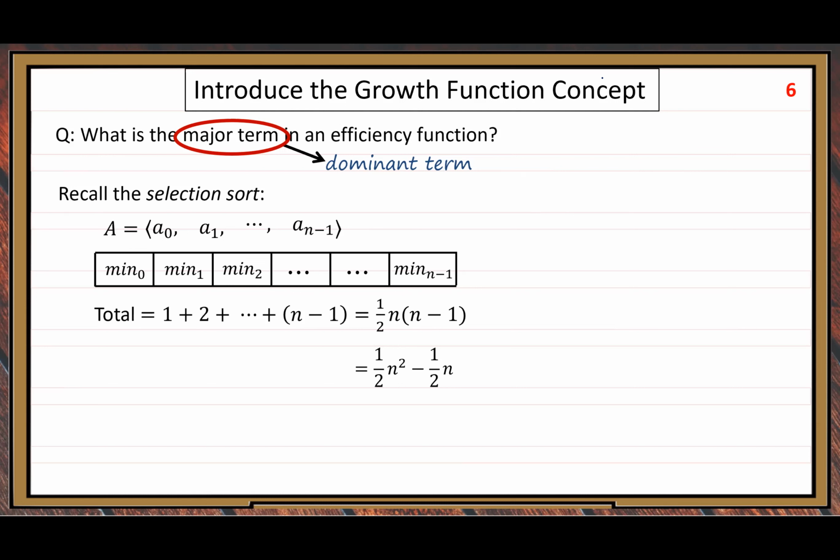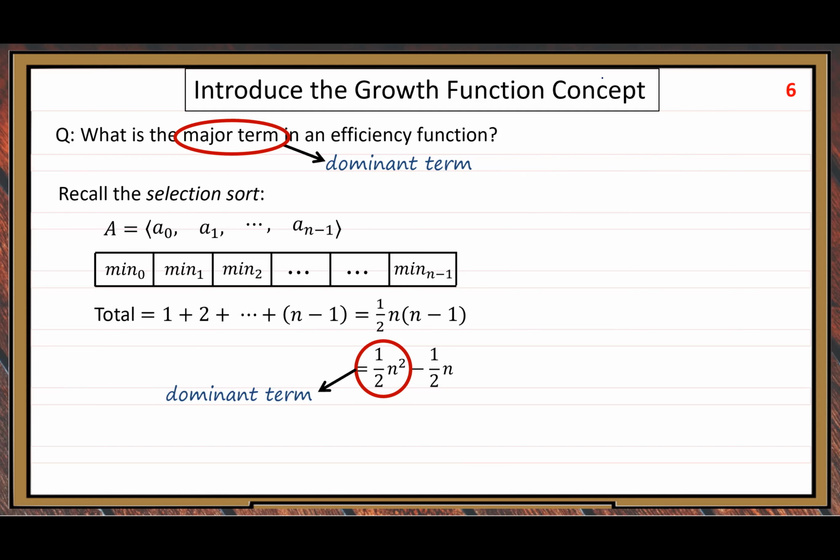Our computer is very fast, but for large n, it could be very slow. So the first term dominates all other remaining terms, so we can ignore those minor terms. You do not lose much. So that's the first concept, the dominant term concept.